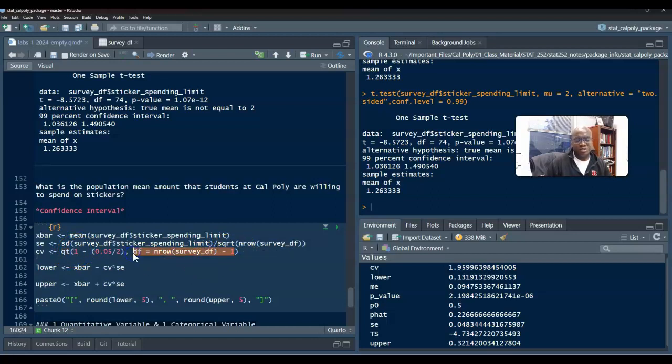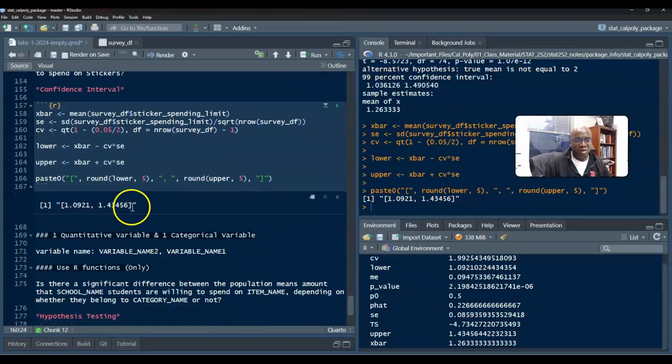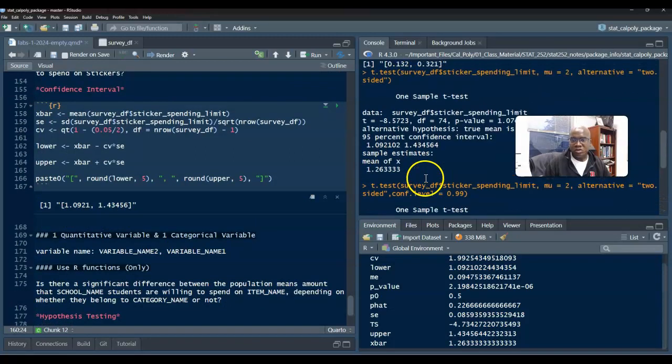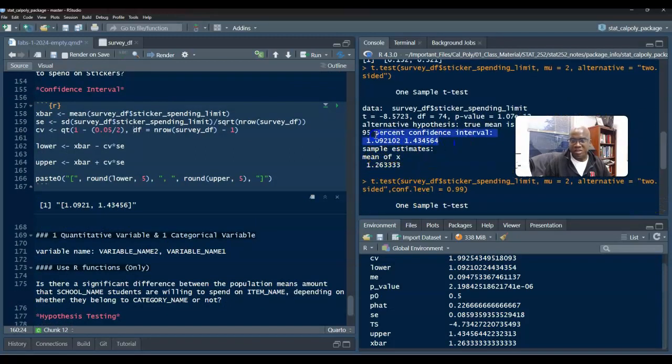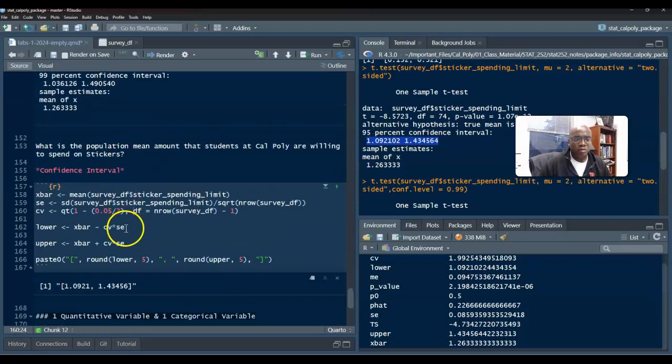We're using the t-distribution. Technically, we shouldn't be using the t-distribution, but just for our numbers to match up with what R is providing, we're going to use it. And this is our output, 1.0921 and 1.43. If you scroll up to when I did it originally, these are the same exact numbers. Okay. So that's definitely important.